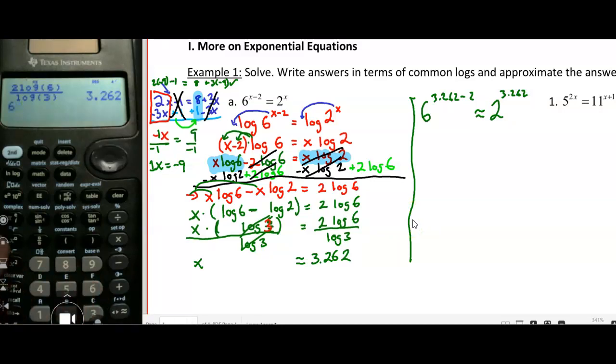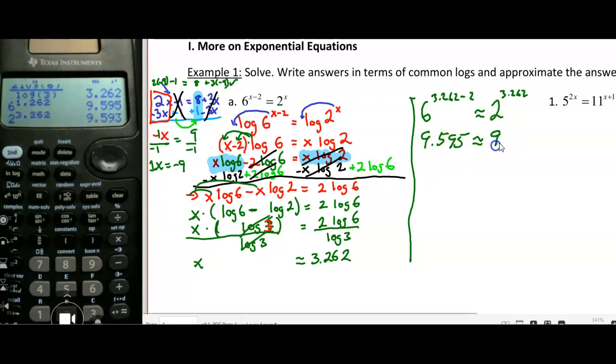So I'd have 6 to the power of 1.262, I get about 9.595, and just see if that's close enough to 2 to the 3.262. And sure enough. Notice how you have to use the approximate sign here because these last numbers are different. So since I'm using approximately, that's totally fine. We're not expecting it to be identical.